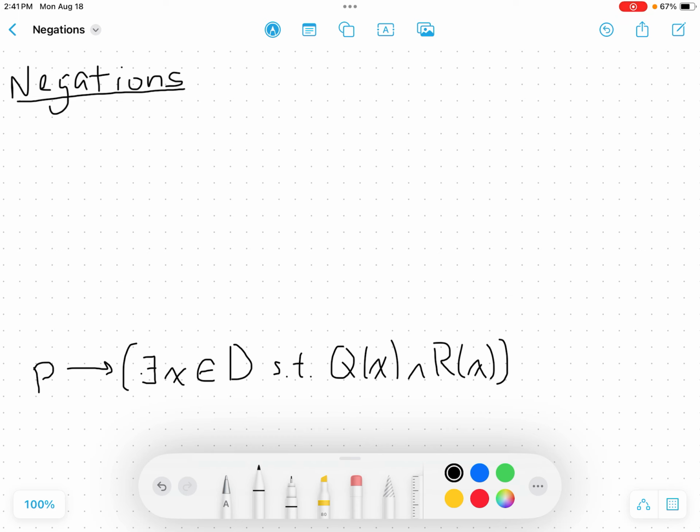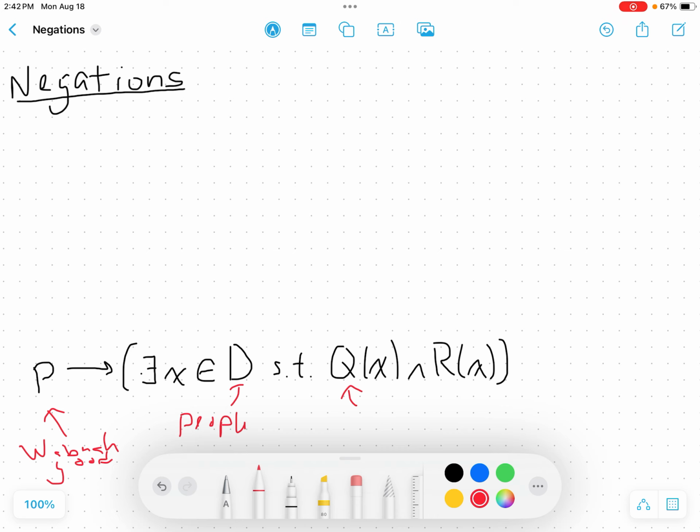So say, for example, maybe P means Wabash is a good school, and D is people, so this X would represent a person.